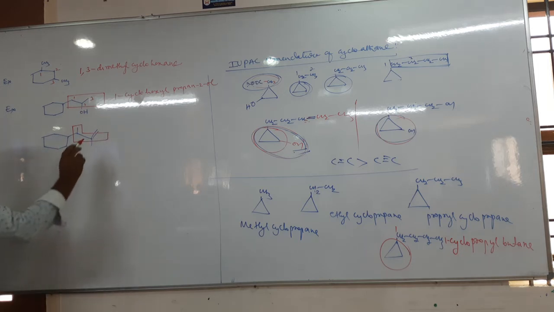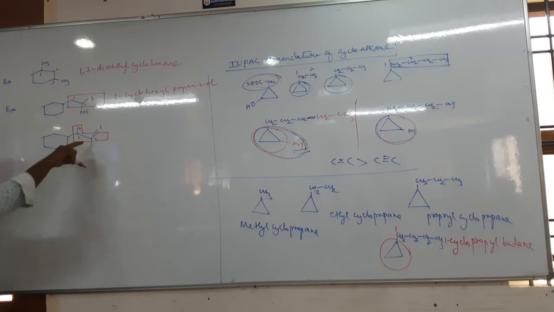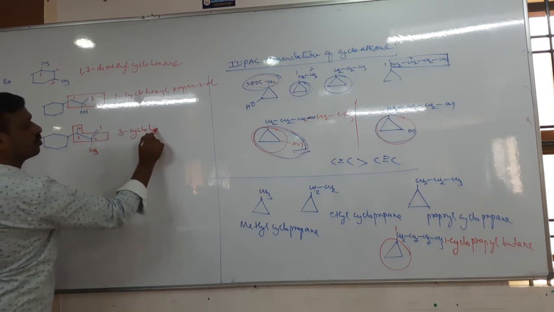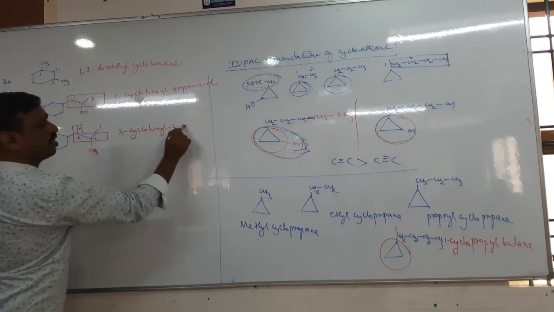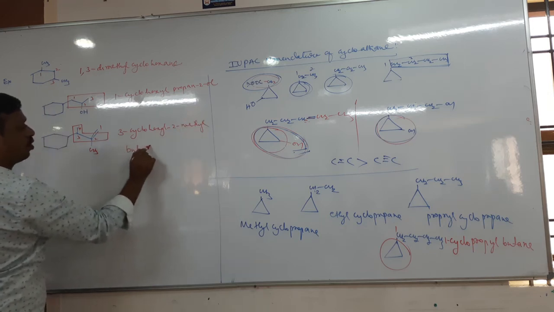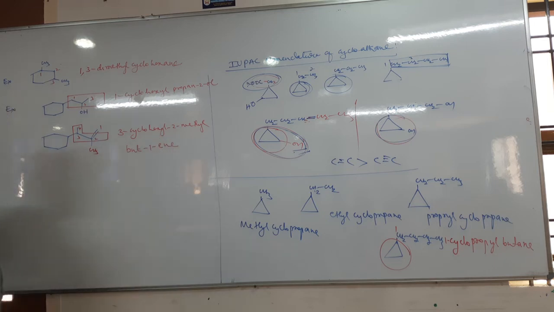Then numbering should start from the double bond. 1, 2, 3, 4. Then cyclohexyl starts with C. Methyl starts with M. Therefore 3 cyclohexyl 2 methyl but 1 ene.